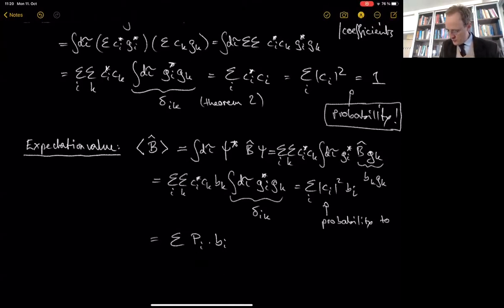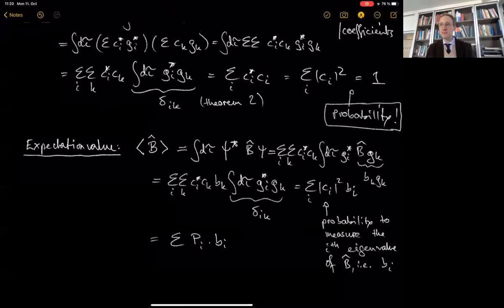The probability to measure the ith eigenvalue of B, that is b_i. Okay.